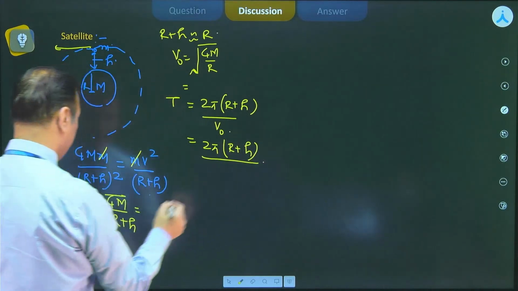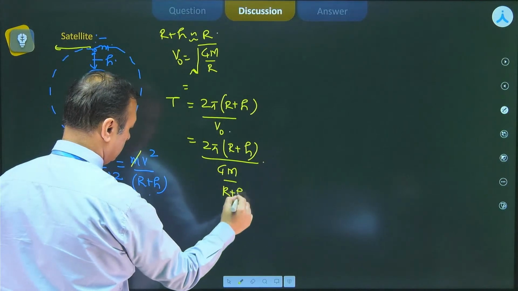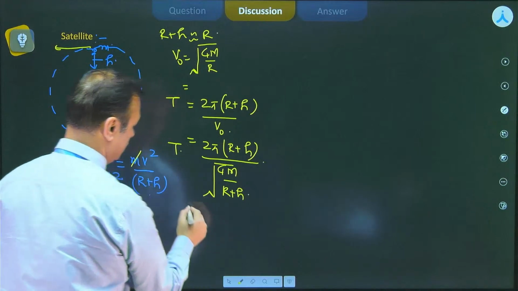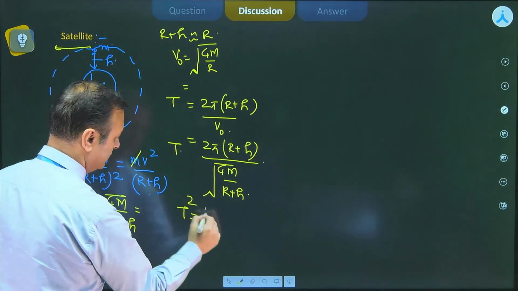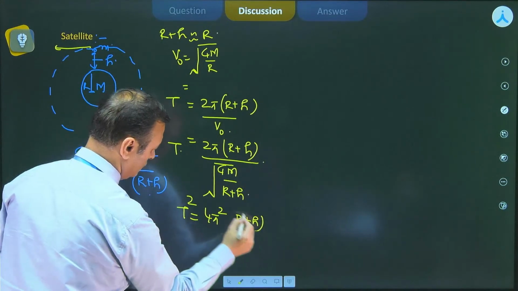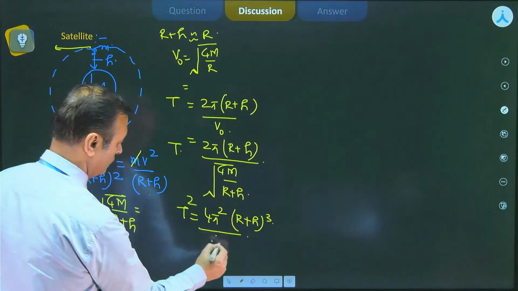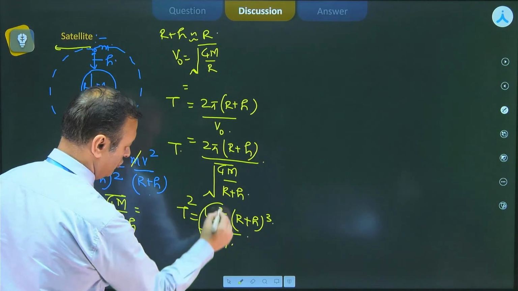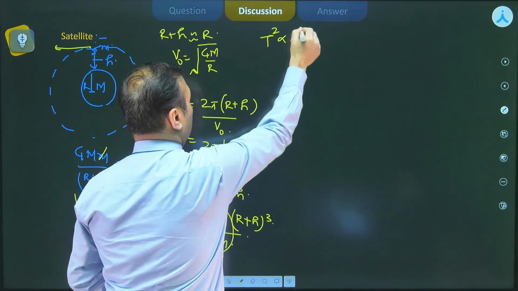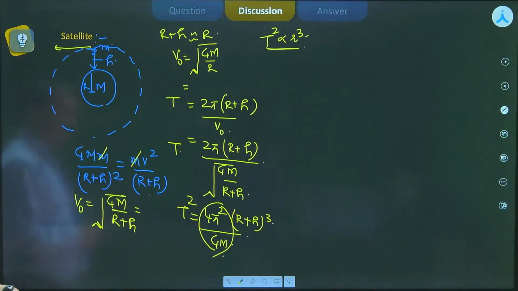So orbital speed is root of GM by (r plus h), this is T, and when you square both sides, this is constant, so T square is directly proportional to r cube. It clearly follows your law of orbits.